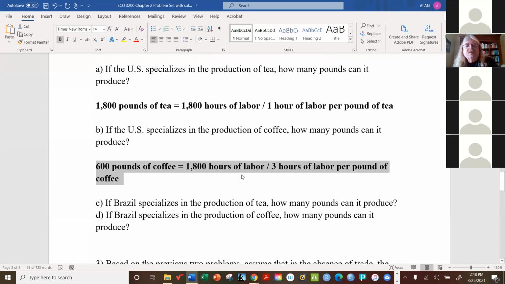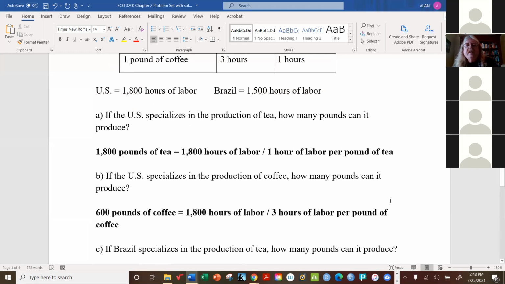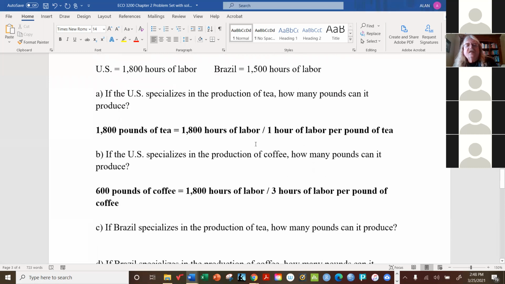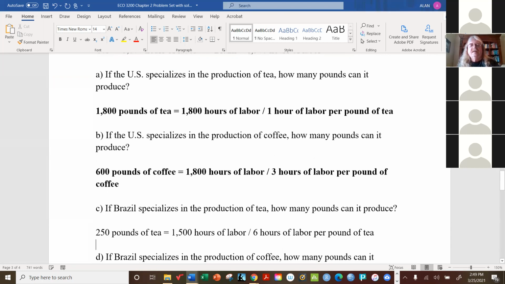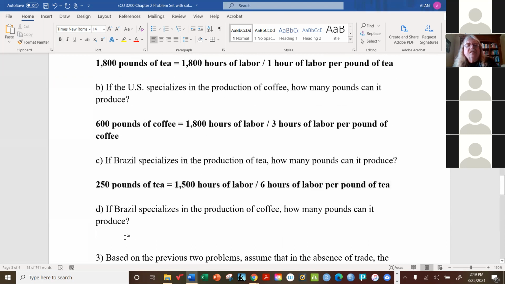Now we'll do the same thing for Brazil. If they only make tea, they can make 250 pounds of tea because they only have 1,500 hours of labor, and we have to divide that by 6 hours of labor per pound of tea. So they can't make a whole lot of tea in Brazil, but they can make a lot of coffee.